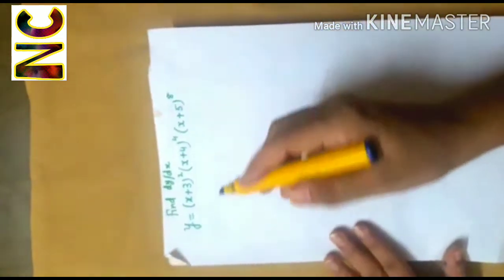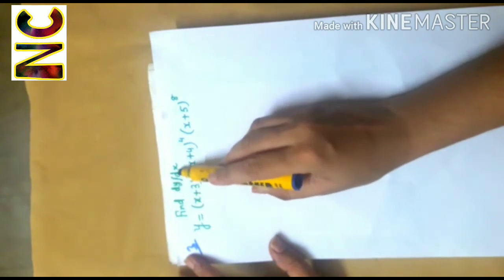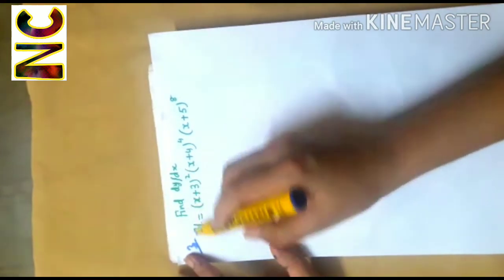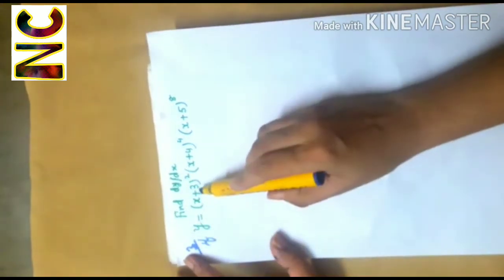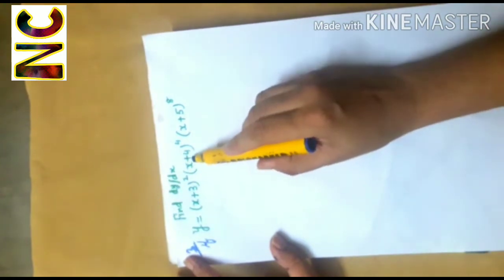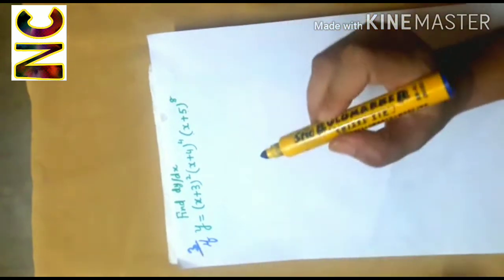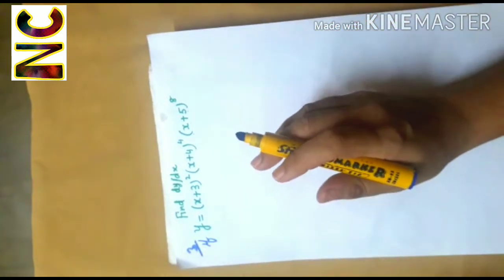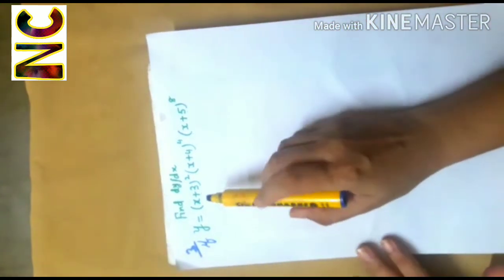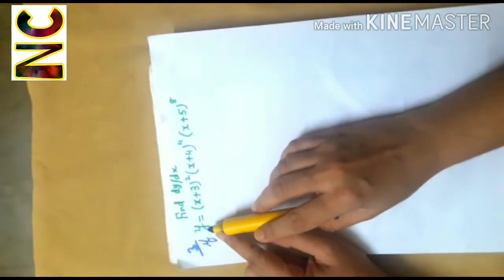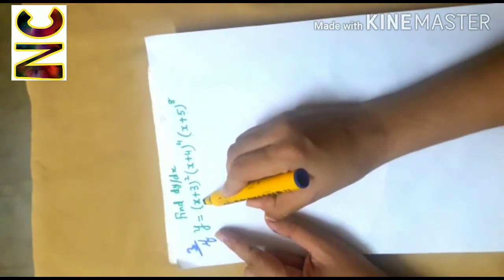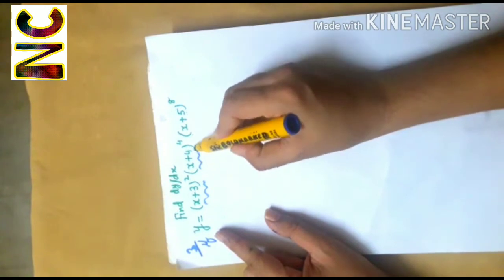Yes. Let's take another question. Find dy by dx if y is equal to x plus 3 whole squared into x plus 4 raised to the power 4 into x plus 5 raised to the power 8. Now look here. Here this y is a product of this function and this function.